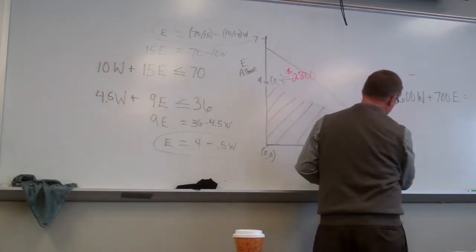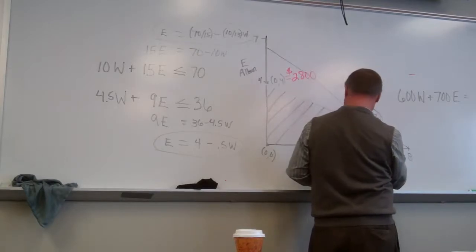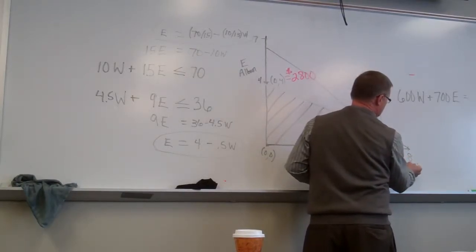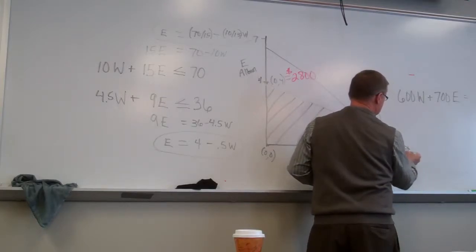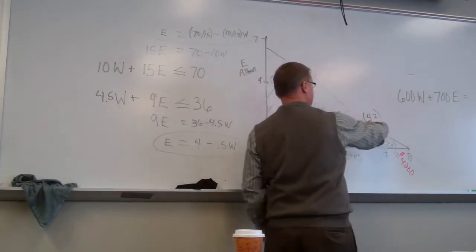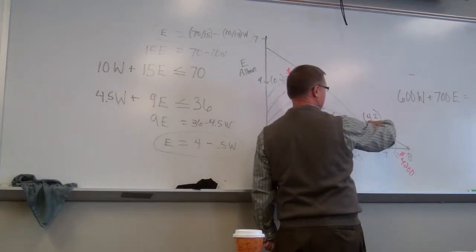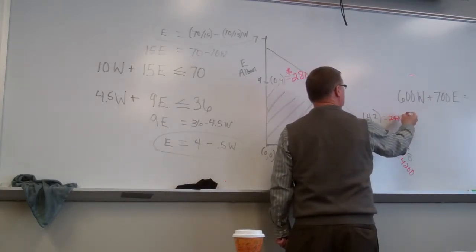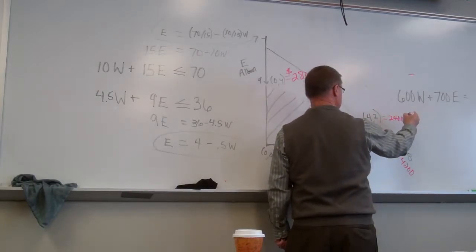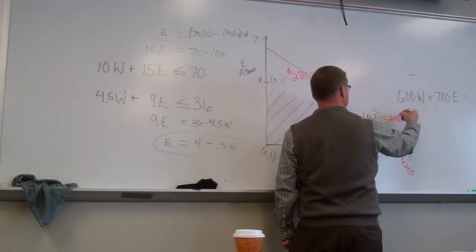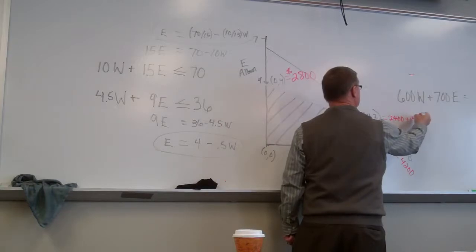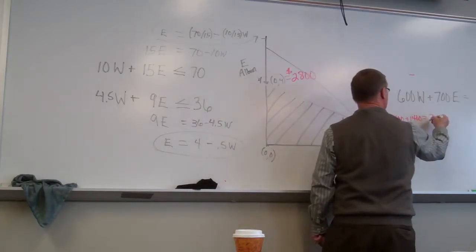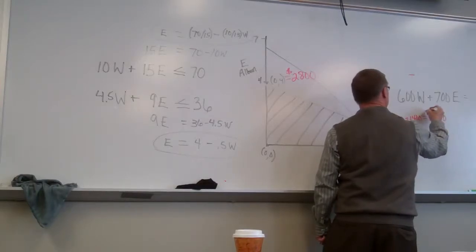This one down here, 7 for every website, that's going to be $4,200. This point right here is going to be $2,400 plus $1,400 or $3,500 income.